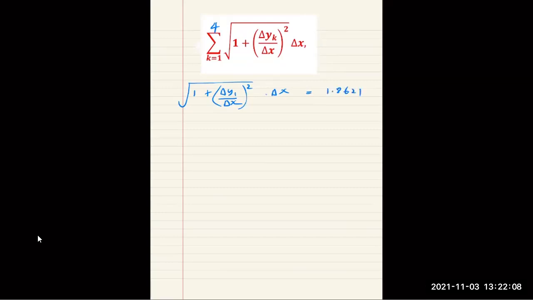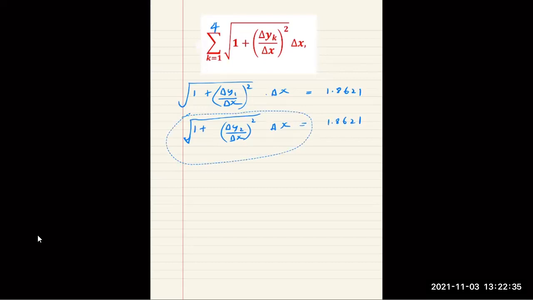If you compute this value, you will get 1.8621. Similarly, if you compute 1 plus delta y2 divided by delta x, whole thing is squared, of course, the square root of that times delta x, you will get 1.8621 again. And you will see that the other ones also, you will get the same value.